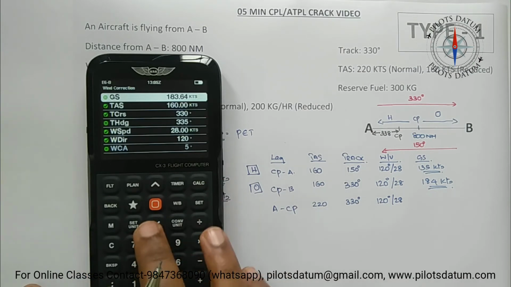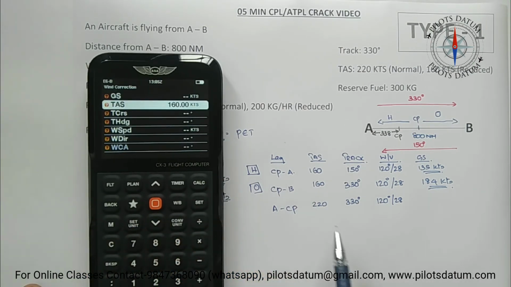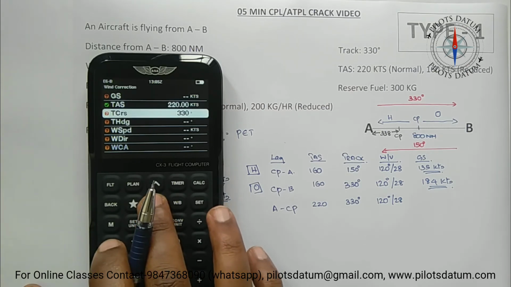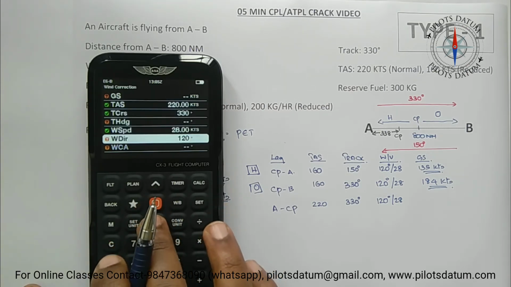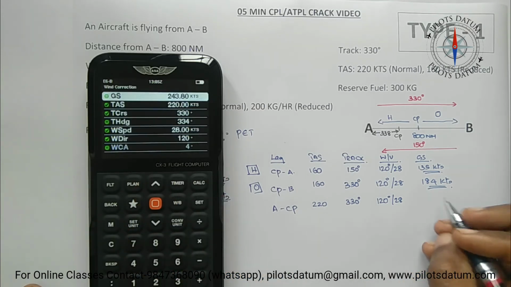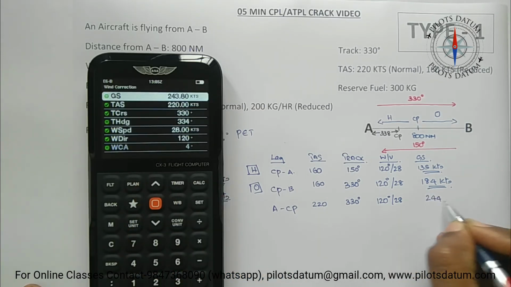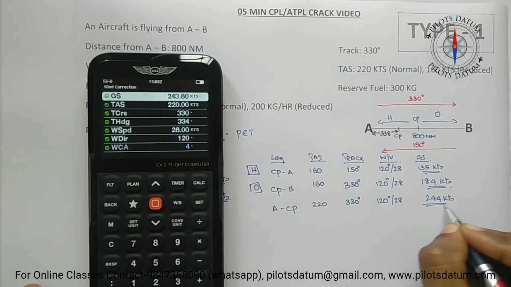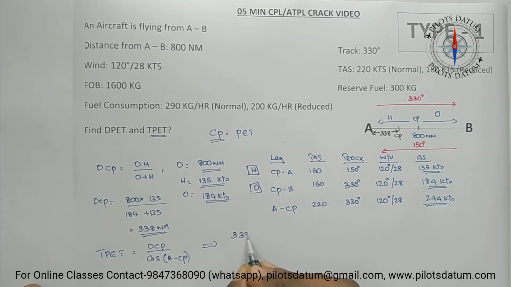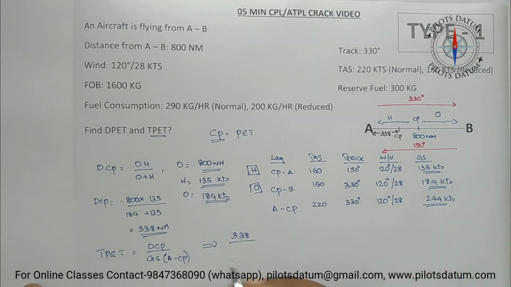Let's put the values here. True airspeed is 220. Course is 330. Wind speed is 28 and direction is 120. We'll get 243.8. We'll round it as 244 knots. So we'll put the values here. We already got the DCP, that is 338 nautical miles, divided by ground speed, which we got as 244.